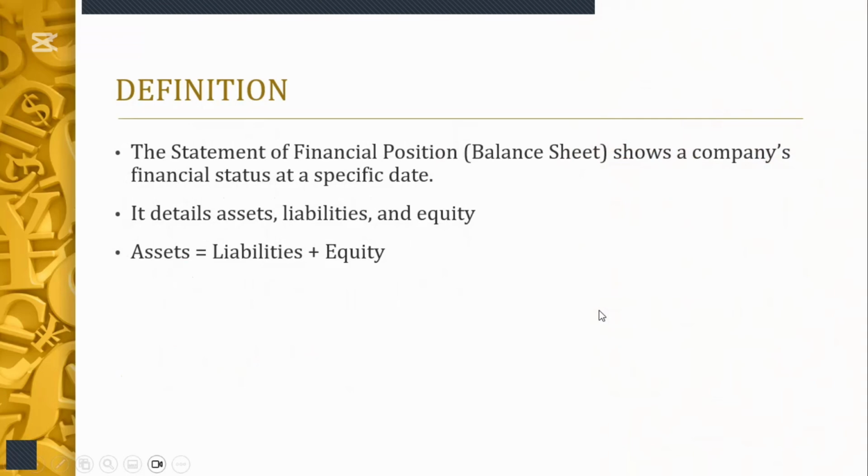So first of all, the statement of financial position, otherwise known as the balance sheet, shows the financial status of a business as at a specific date. It details the assets, liabilities, and also the equity portion, otherwise known as capital, and it reflects the accounting equation, and that is assets is equal to liabilities plus equity, otherwise known as capital.